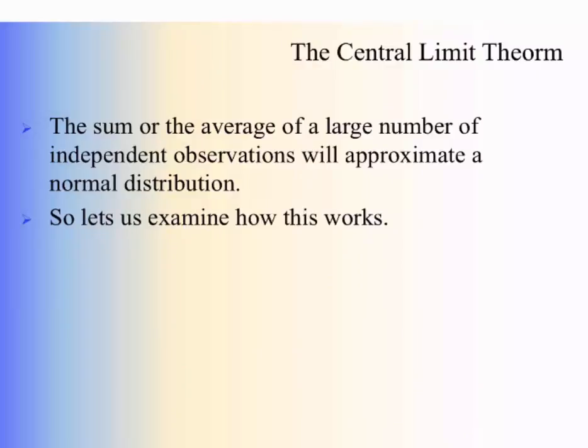The central limit theorem says that the sum or the average of a large number of independent observations will approximate a normal distribution. Said differently, what this means is that if we took the shoe size of every single person that attended the University of Maine, and we went out and measured all their feet and wrote it down, we would end up with a huge list of shoe sizes.